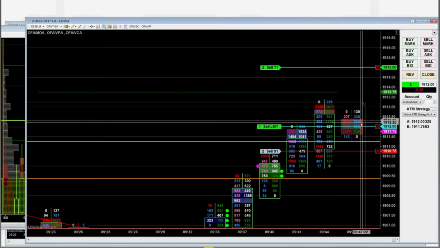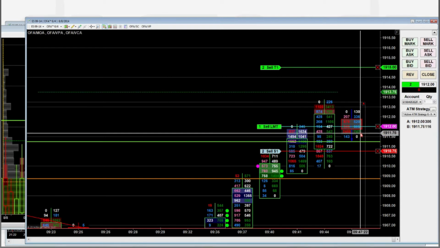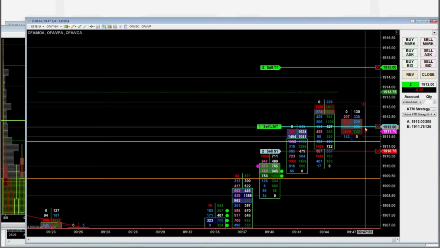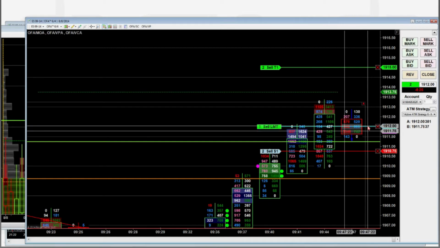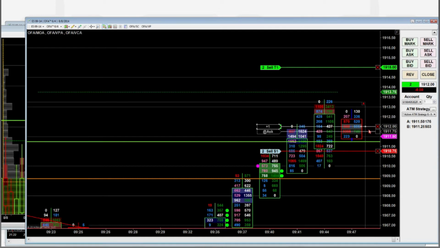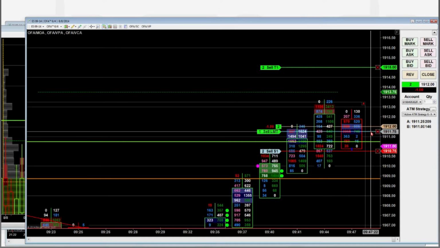So I'm pretty close to my target today. I see a lot of activity coming back in at the bid. Looks like it's holding right now. Look at that, 32. Just looking to manage some risk here.